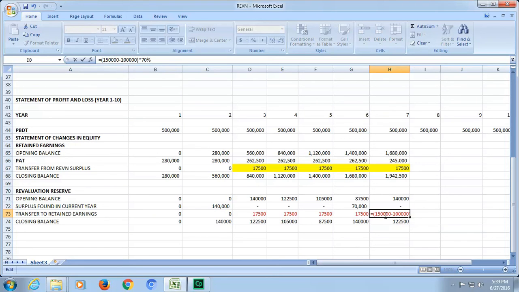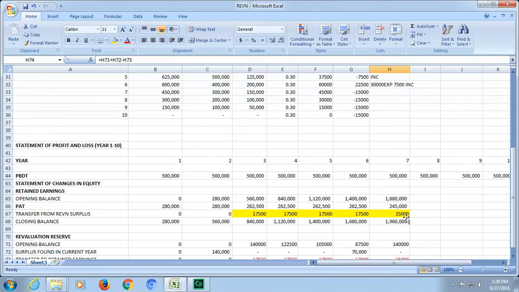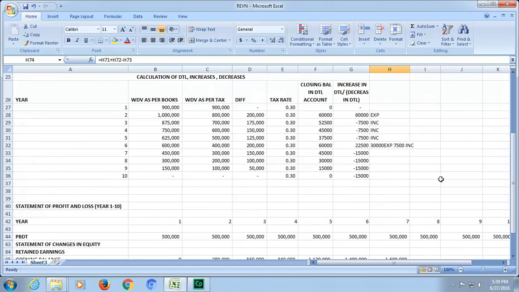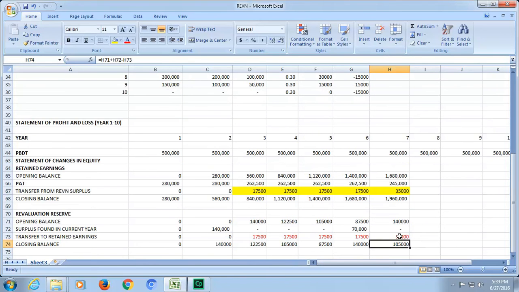So I will take 1,50,000 as the depreciation based on revalued figure, but 1 lakh is based on cost. Net of tax, I have to transfer now 35,000 every year. Now if you observe, this 35,000 is shown as income, another 15,000 is subtracted from the tax expense. That means 35,000 and 15,000 will become 50,000.